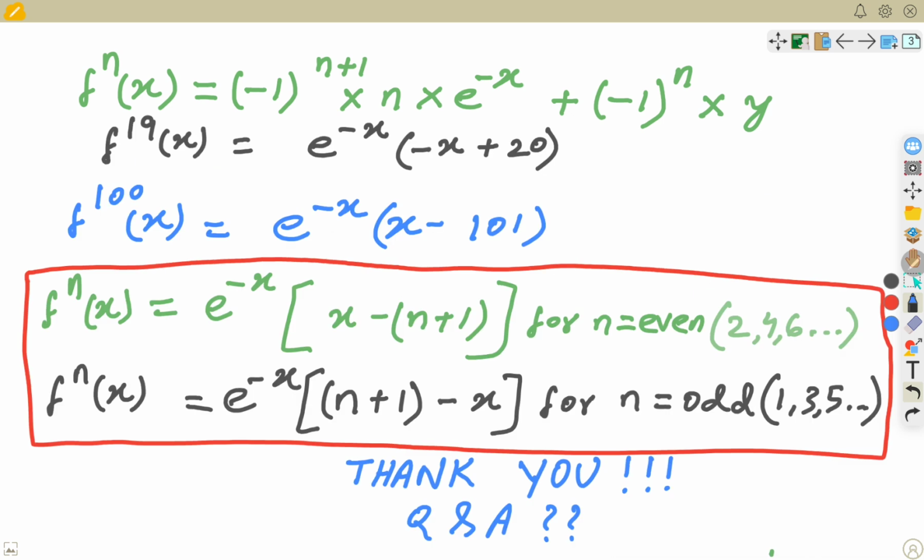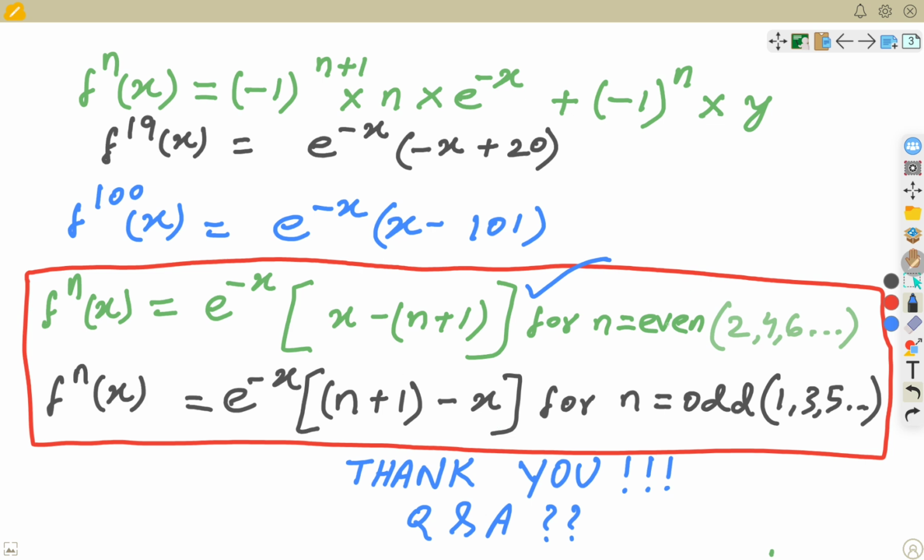So now the most important part and the trick of this formula comes on your screen. For n even, that is 2, 4, 6, 8, the nth derivative will be equal to e to the power minus x multiplied by (x minus n plus 1). For n odd, that is 1, 3, 5, the nth derivative will become e to the power minus x (n plus 1 minus x).